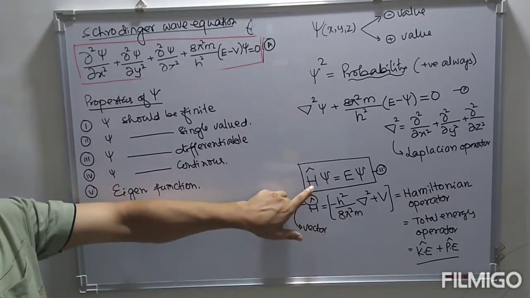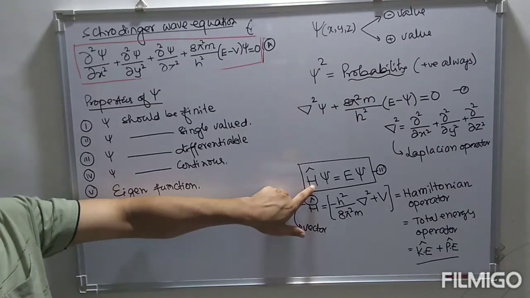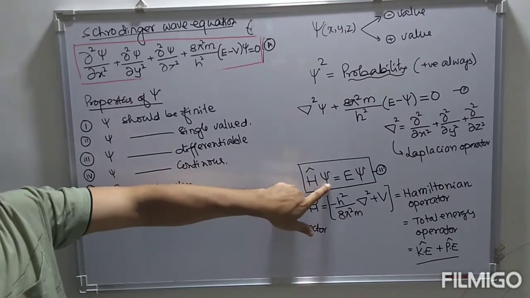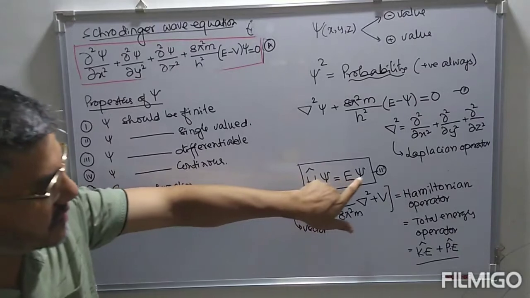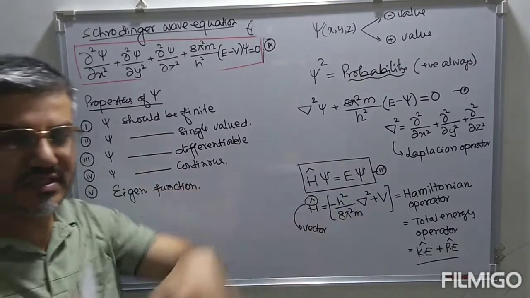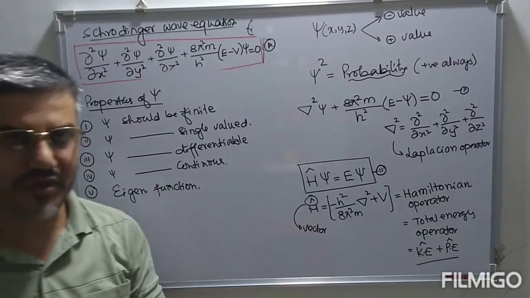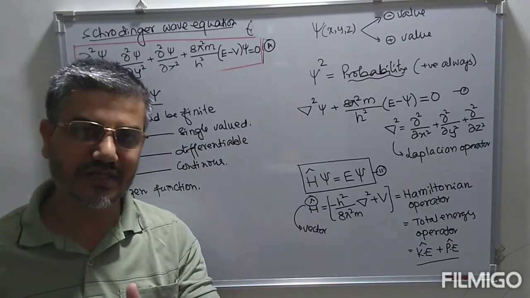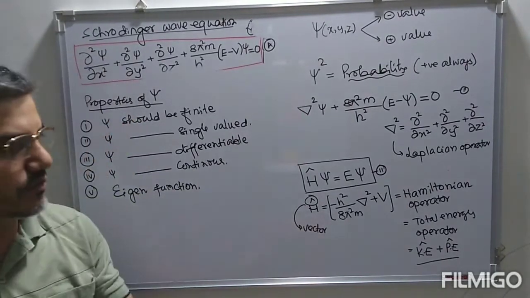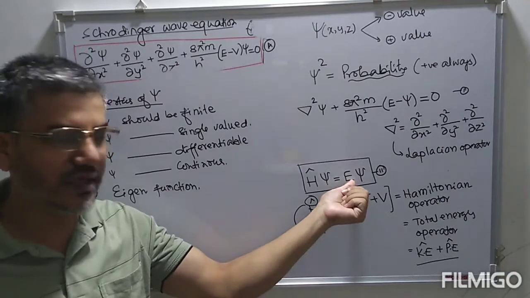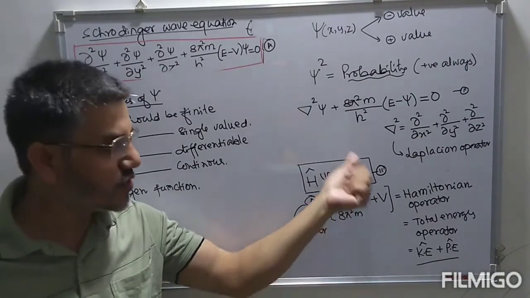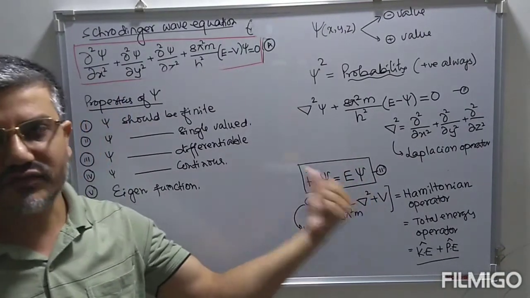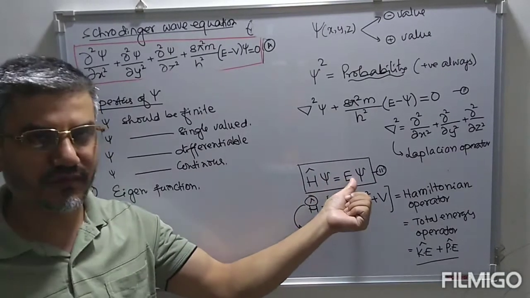An example of it is: H cap is an operator operating on this wave function psi and giving the same wave function. So these types of functions which, on operation by an operator, give back the same wave function multiplied by a constant, and this constant is known as the eigenvalue.